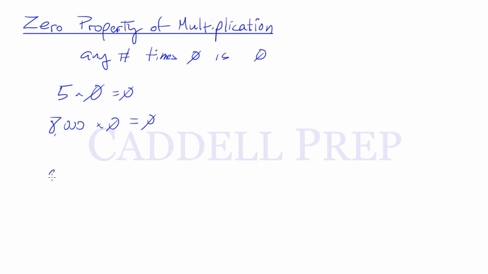Crazy expressions such as a squared, b cubed, z over the square root of xy times 0 is still going to be 0. So any number times 0 is 0.